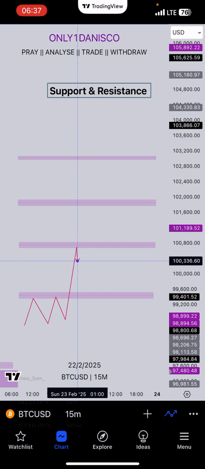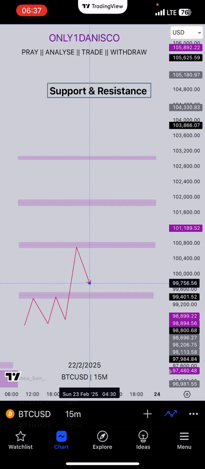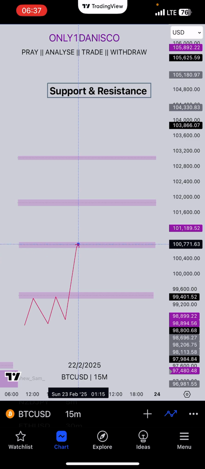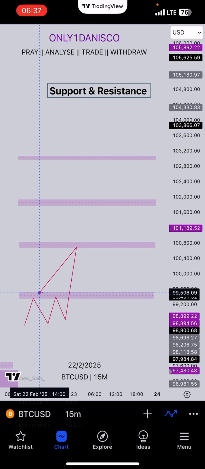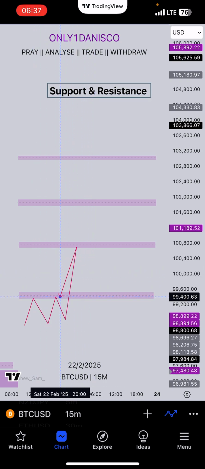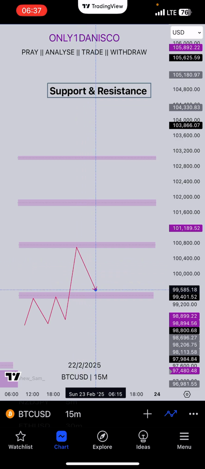Most times this will not happen like this, but at times it plays this way. Price will just break it, go directly to this other zone, hit that zone, then come back to this zone. The price must test this zone to make it an acting support zone, because once the price breaks a resistance, that resistance zone automatically becomes a support zone.